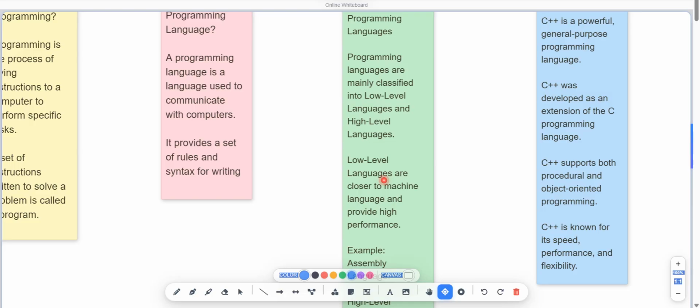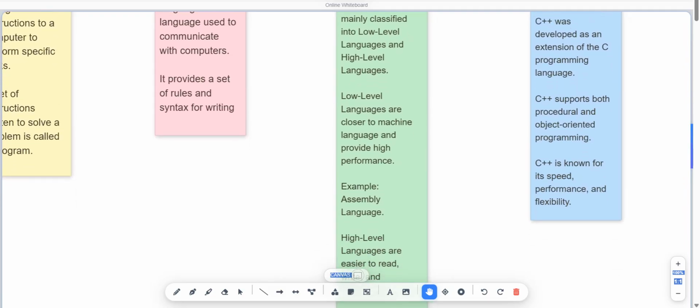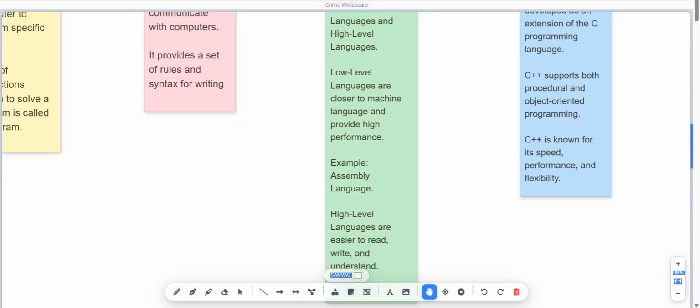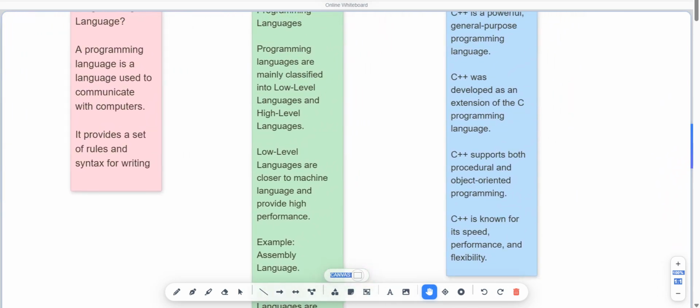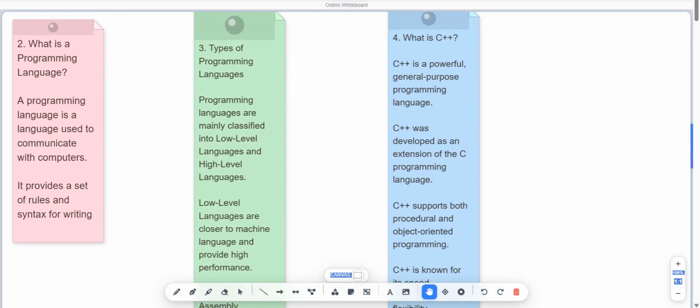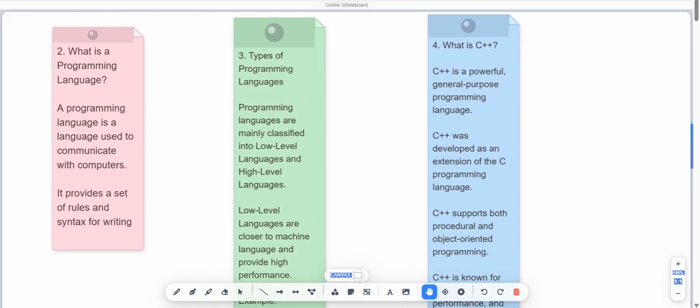Actually, lower level language comprises zeros and ones. Higher level language, we all know how it looks. An example of a lower level language is assembly language, whereas Python, Java, C, CPP are all considered higher level languages. Now, the system can understand only the lower level language and humans can understand only the higher level language.